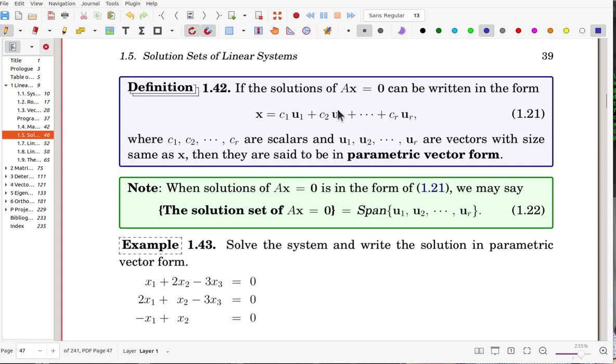Once this homogeneous system has a non-trivial solution, the solution can be written in this parametric vector form.